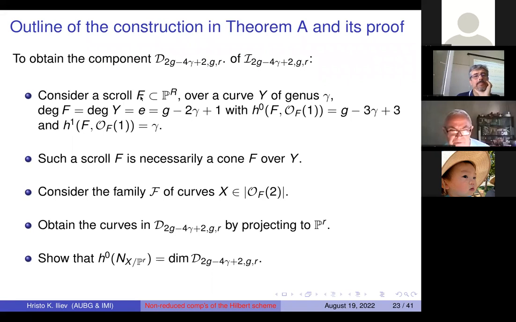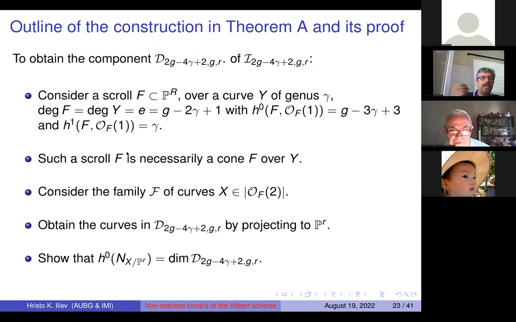One considers a scroll F over a curve Y of genus gamma such that this curve Y has genus gamma and is embedded into PR by a line bundle of degree G minus 2 gamma plus 1. By some, again, well-known facts about ruled surfaces and scrolls, such a scroll is necessarily a cone.